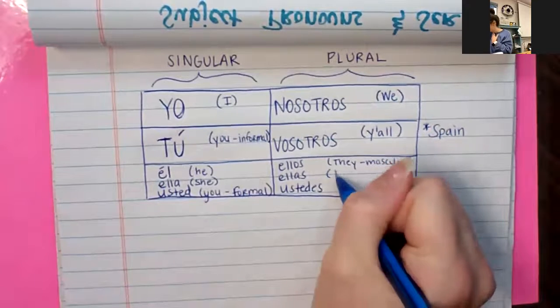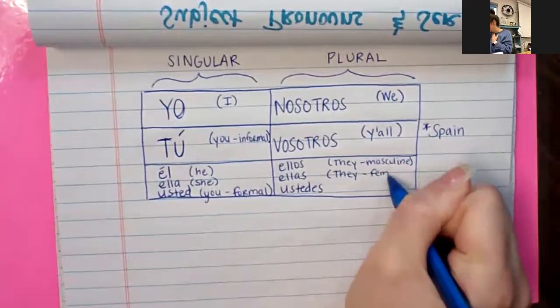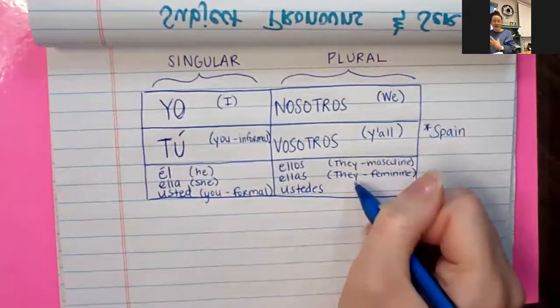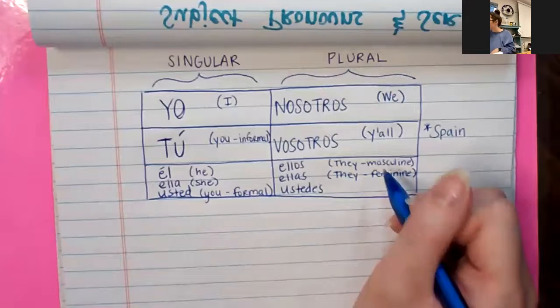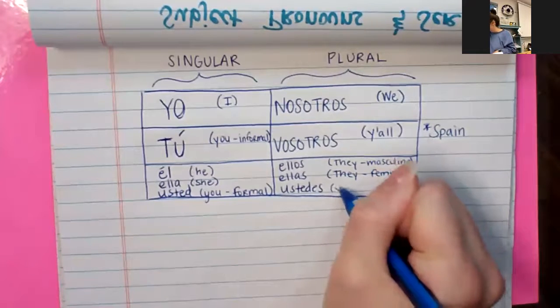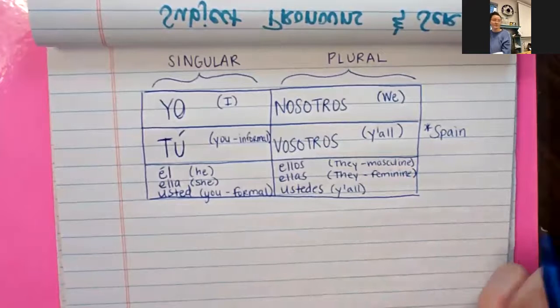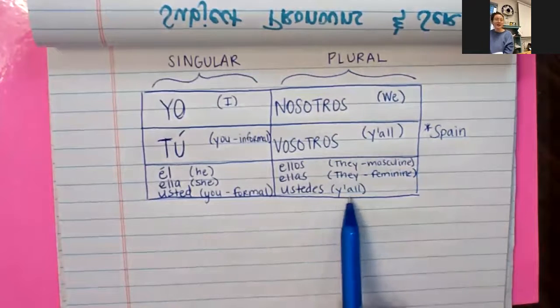And then ellas is they, feminine. So this is they if it's just a group of girls. There are no boys. And then ustedes also means y'all. It's the same thing as vosotros, except it's used everywhere.